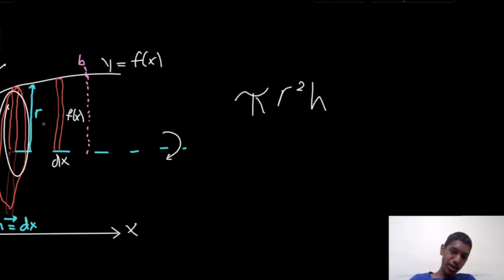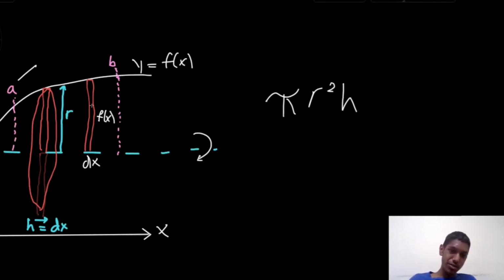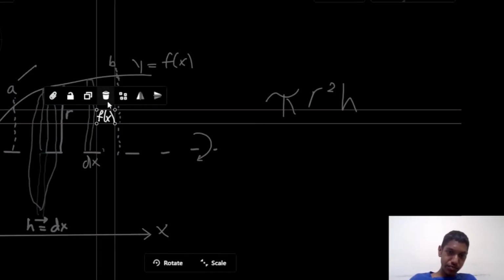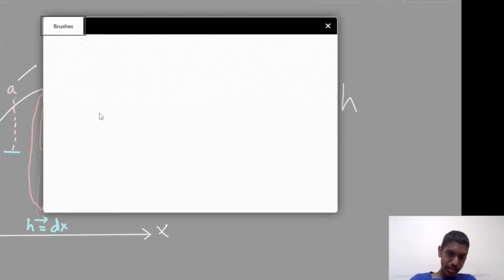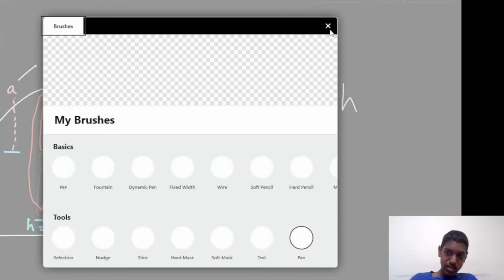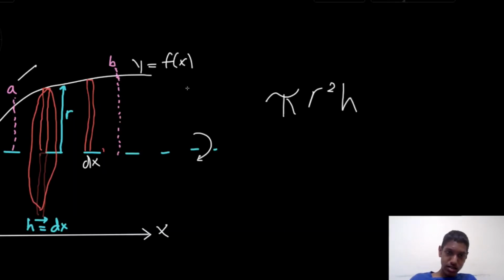Because this is just one of many cylinders, but we want to rotate this rectangle as well, and this one. I'll draw that in red. You want to rotate this rectangle as well. I do apologize, these are quite messy. Let me make these rectangles neater here.